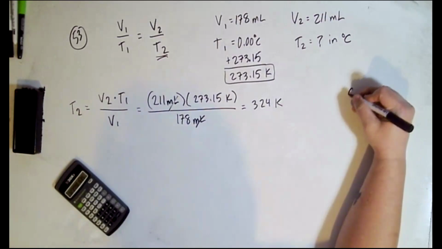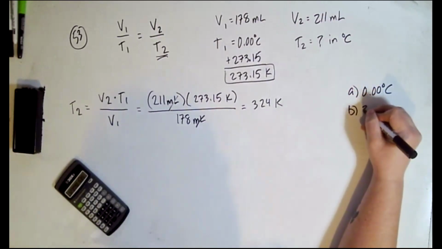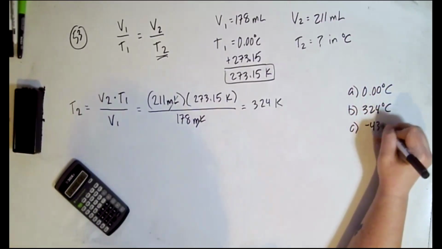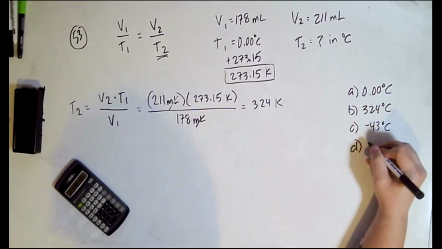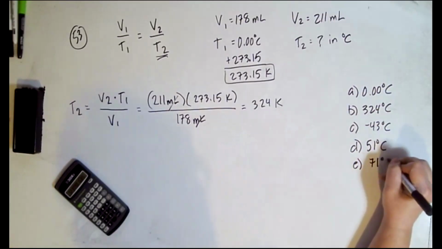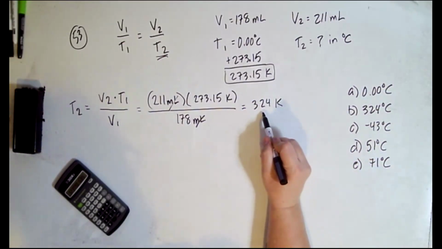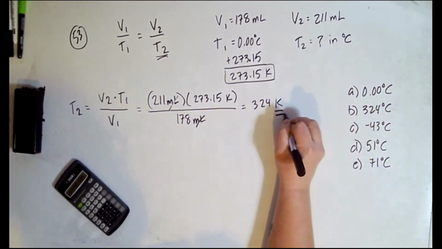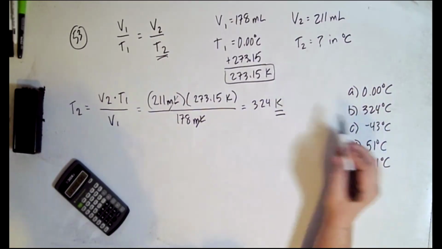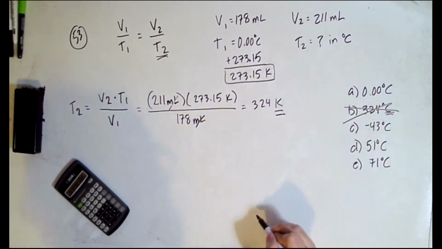Notice the answer choices here. This is the number that we get in our calculator. If you are not writing out your units, then it's going to be really easy for you to see this number and to pick this answer choice. But our units here don't match. This is not the right answer.